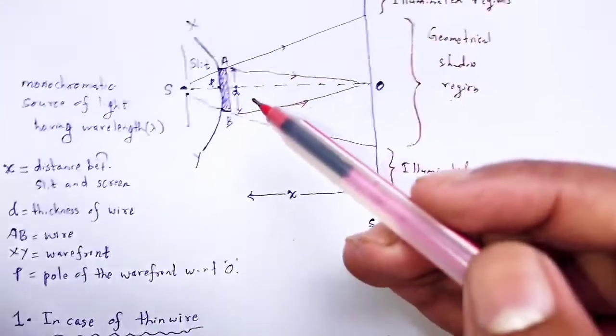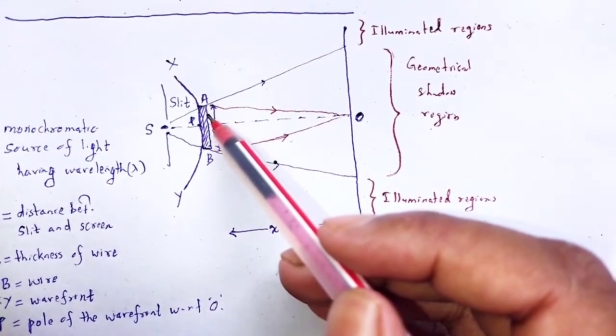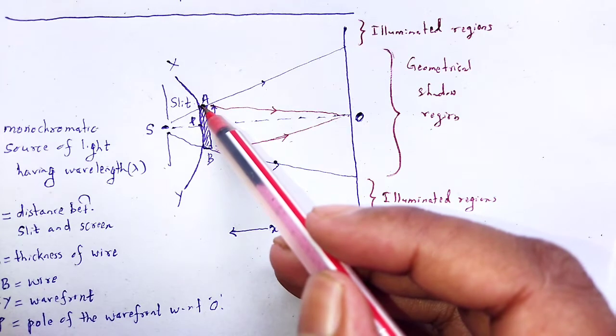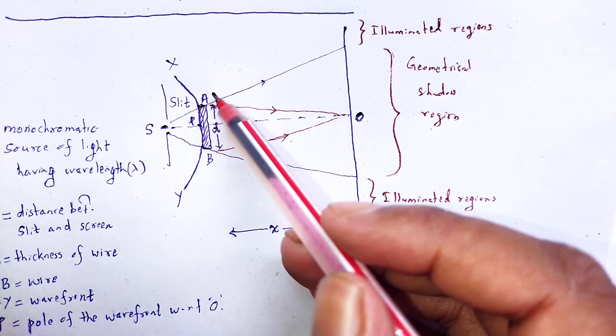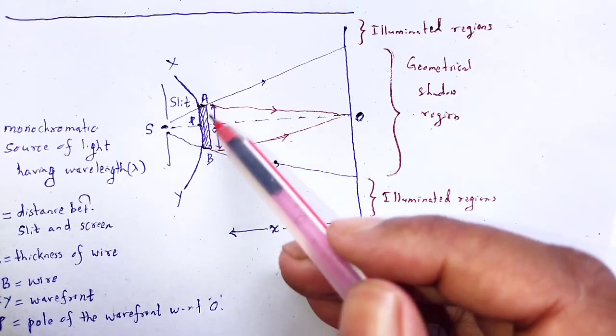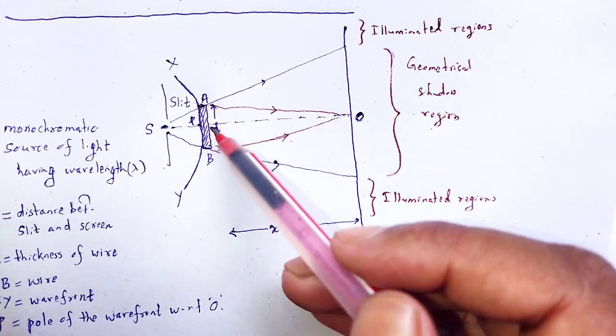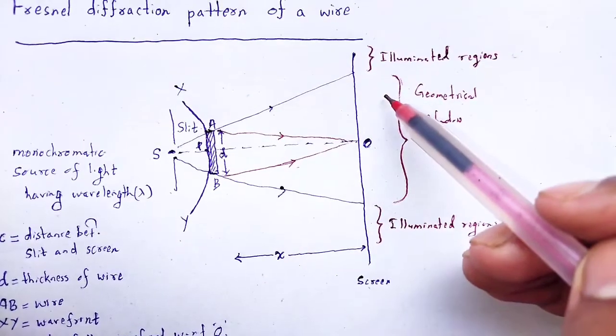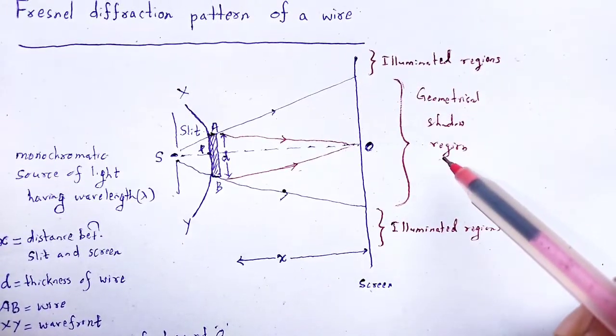In case of a thin wire, that point is treated as a source, and that point is also treated as a source. These are coherent sources. Due to the coherent sources, we obtain the interference pattern in the geometrical shadow region.